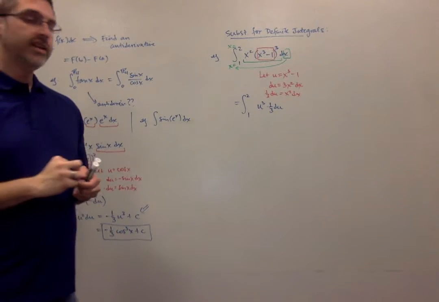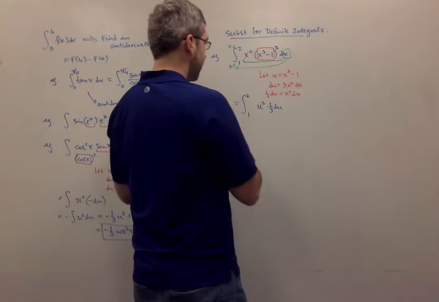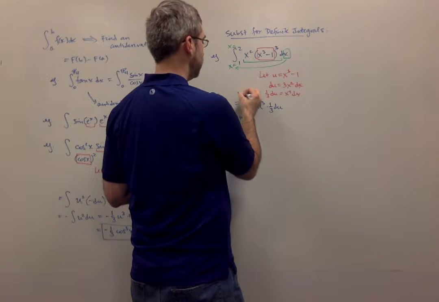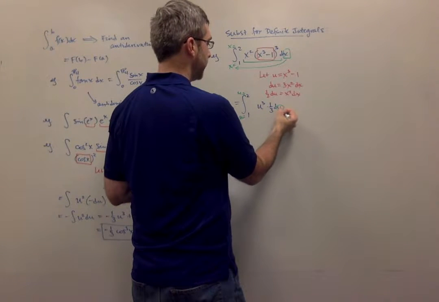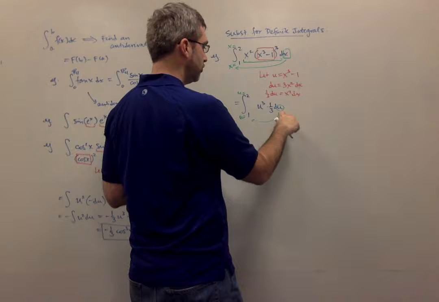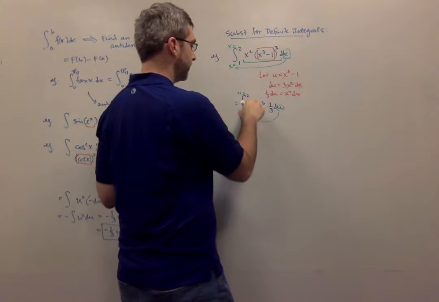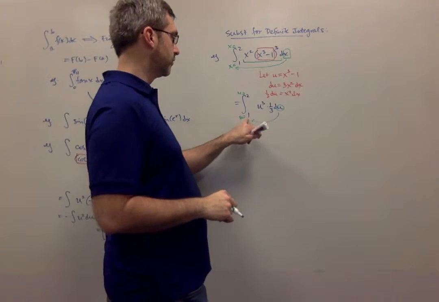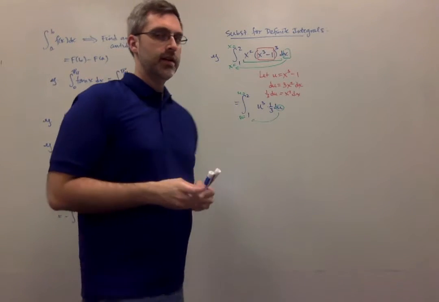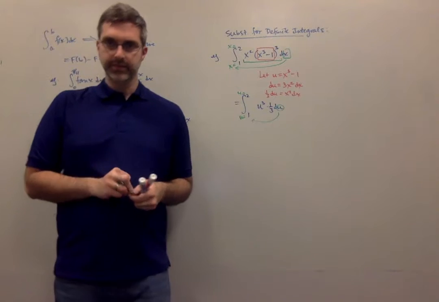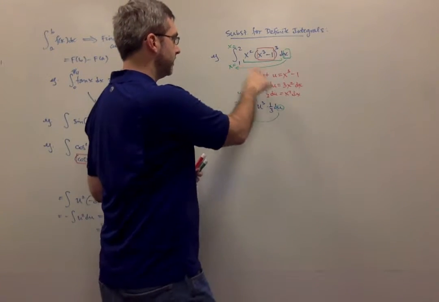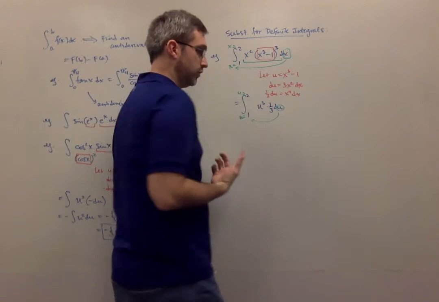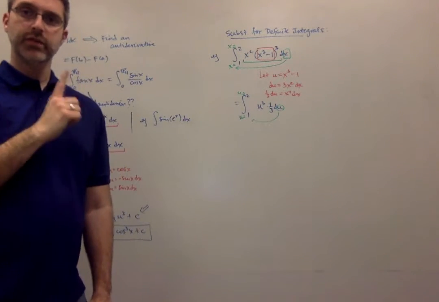And the reason is that this is not u equals 1 to u equals 2, but that's what I'm implying when I write a u here, du, and then I put numbers here. That means I want the area under this function from u equals 1 to u equals 2. That's not actually correct. Okay, when x is 1, u actually is not 1. And when x is 2, u is not 2. So this would not be correct.